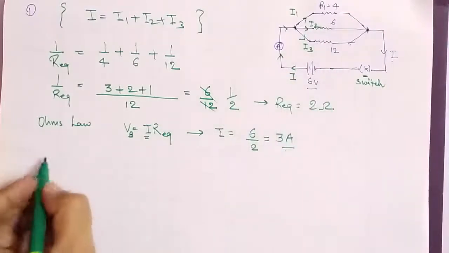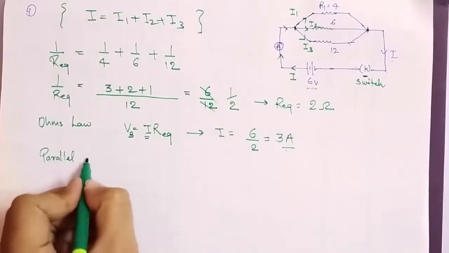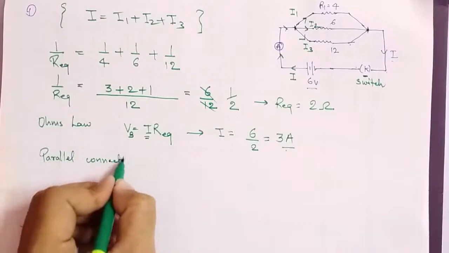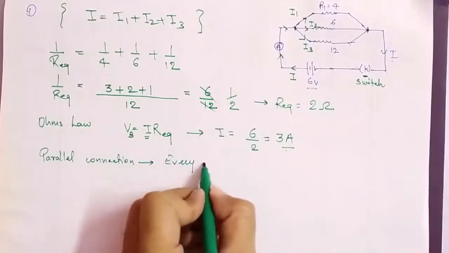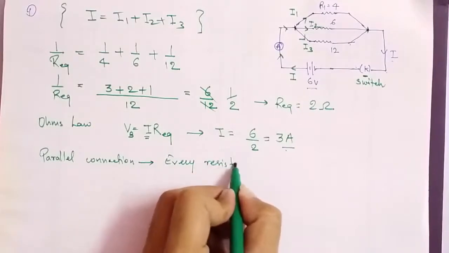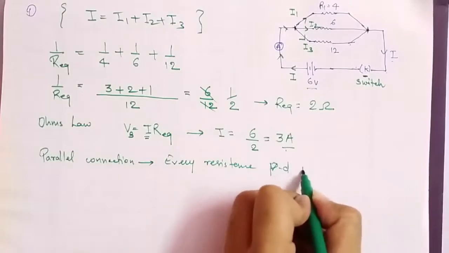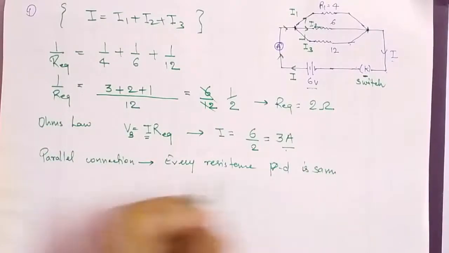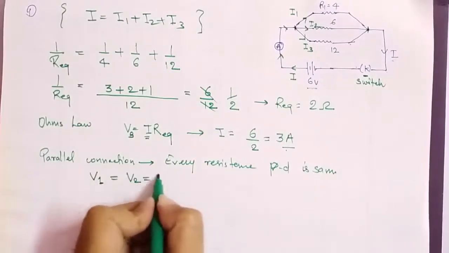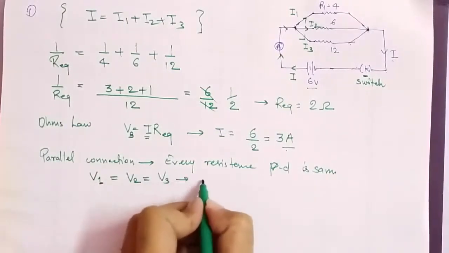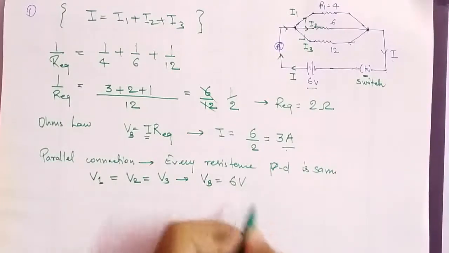Now we know one rule: in a parallel connection, the potential difference is the same for every resistance. That means V for resistance 1 is equal to V for resistance 2, and to V for resistance 3, and is the same as the potential of our battery, that is 6 volts.